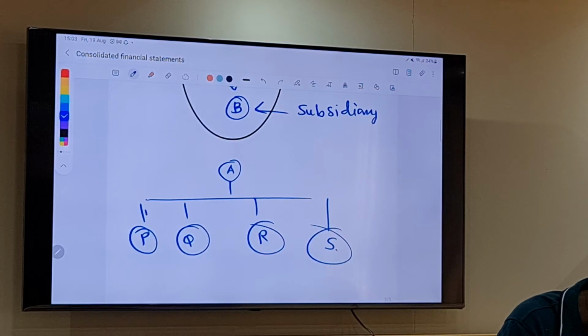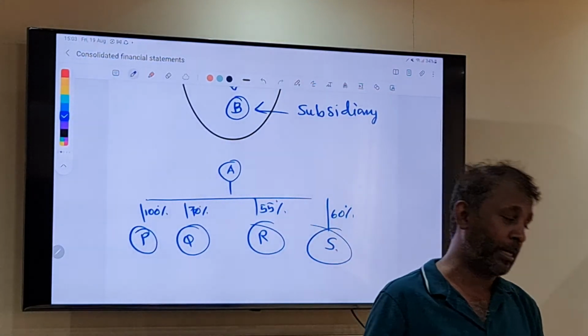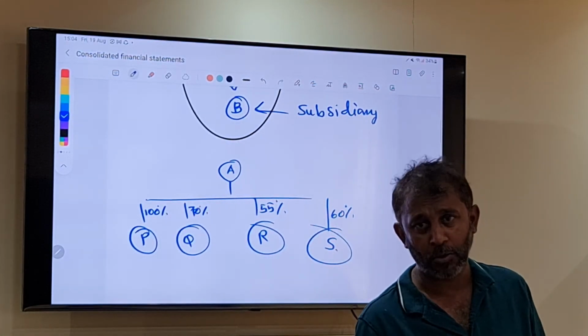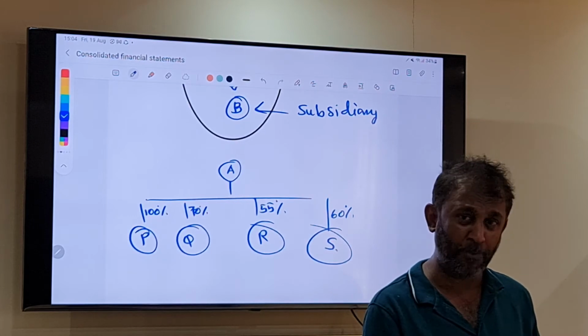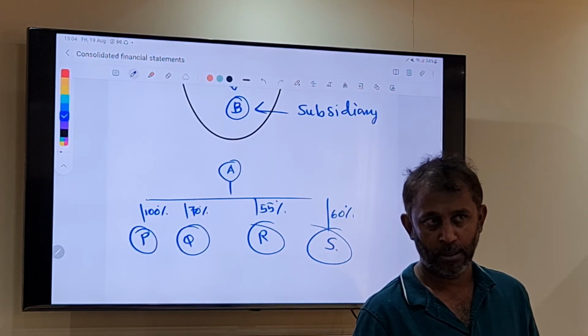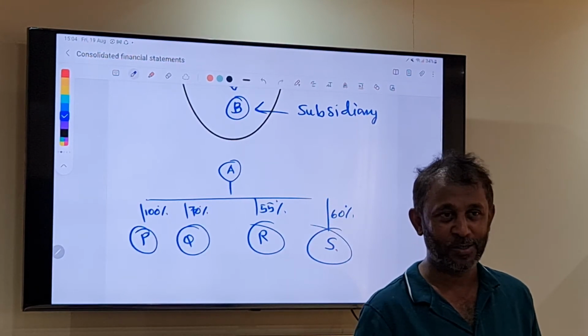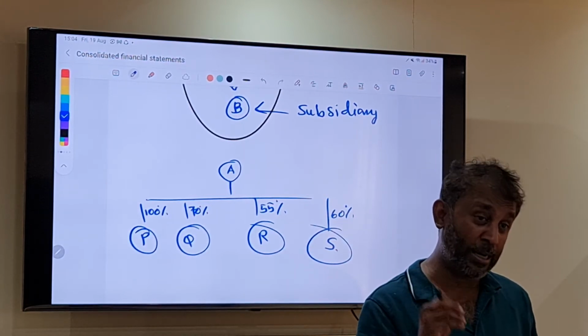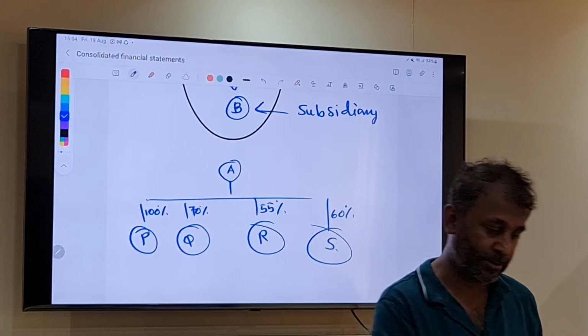This one they can have 100%, this 60%, this 55%, or this 70%. It is not necessary that you should have 100% ownership to secure the control. But more than 50%, I'm coming there: the majority of the voting rights.